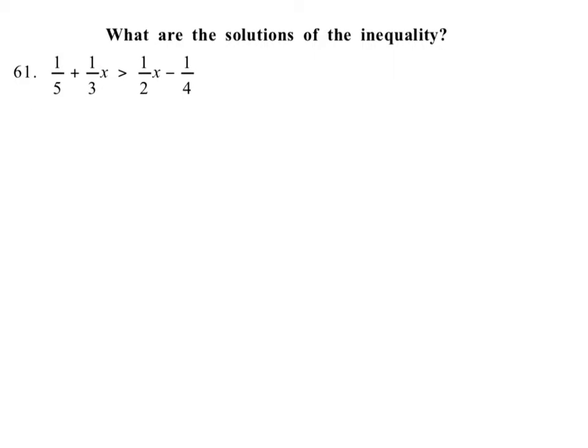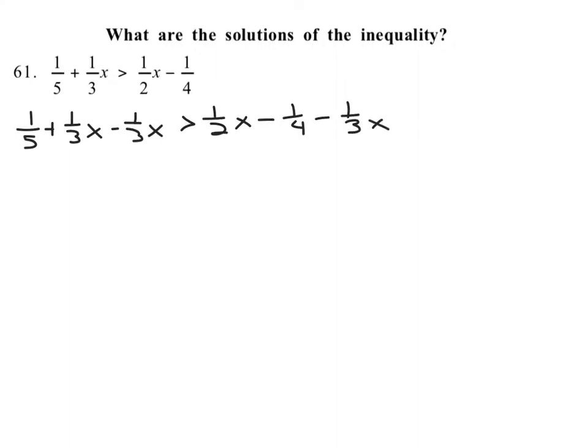So I'm going to say 1/5 plus 1/3 x minus 1/3 x, subtracting 1/3 x, is greater than 1/2 x minus 1/4 minus 1/3 x. Okay? You can get freaked out by the fractions, or you can just say, hey, I know what I'm doing. I am taking away this amount from both sides. That's right there at the end. Okay? And what I do is I first write everything that's there, and then write what I'm taking away.